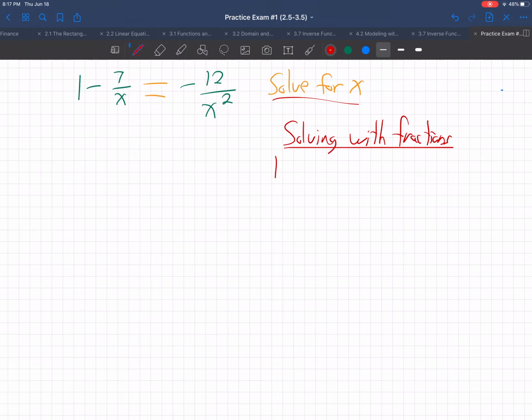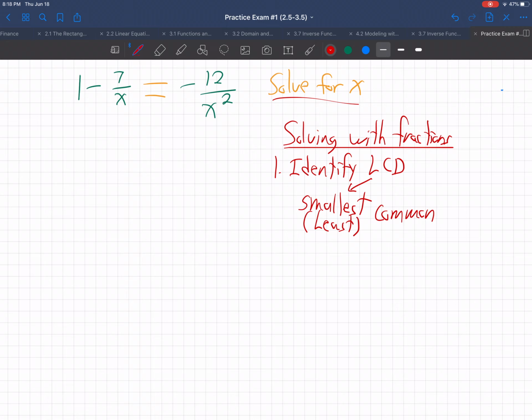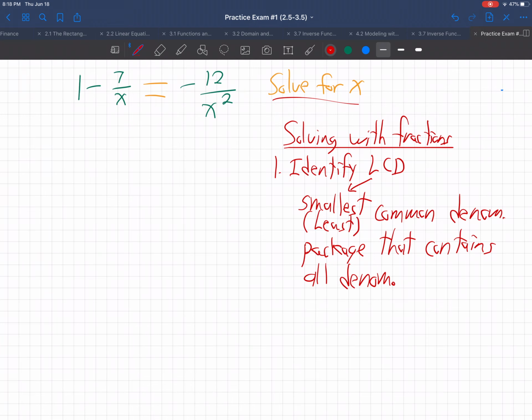So what we're going to need to do is first off identify the LCD, the least common denominator. And what that is, the smallest package, that's why we say least, smallest common denominator package that contains all denominator pieces or parts.